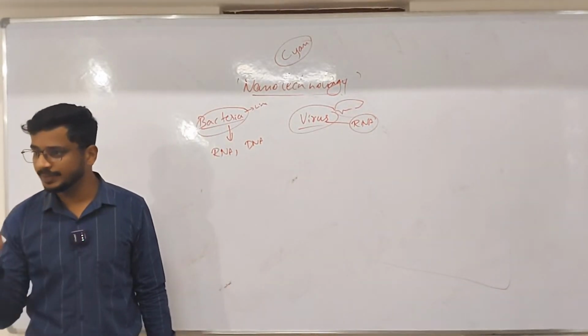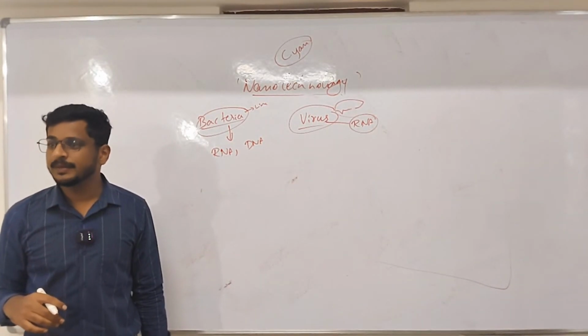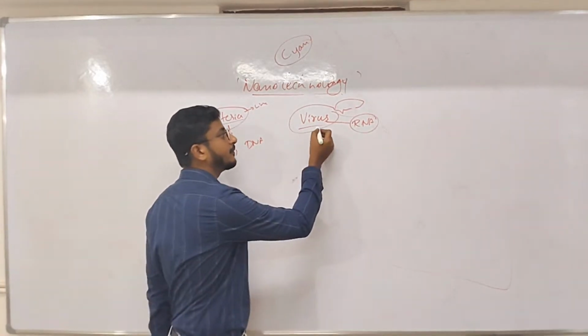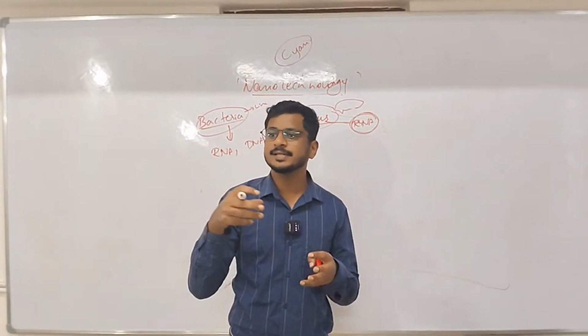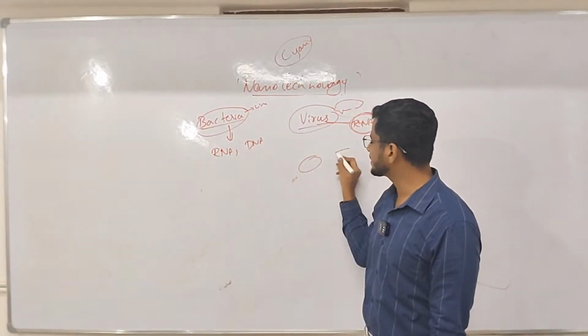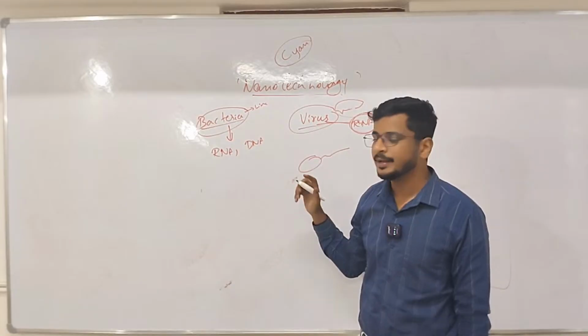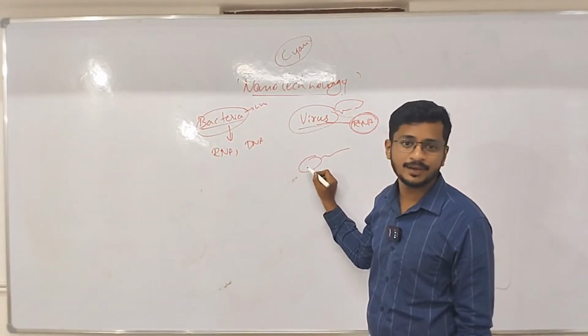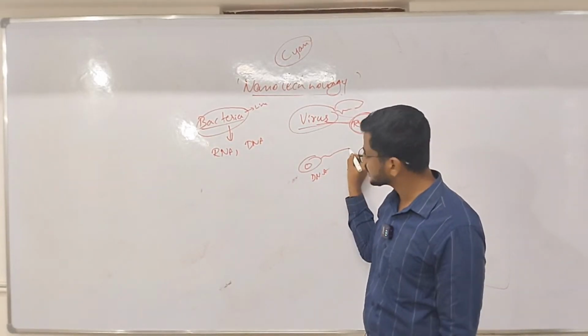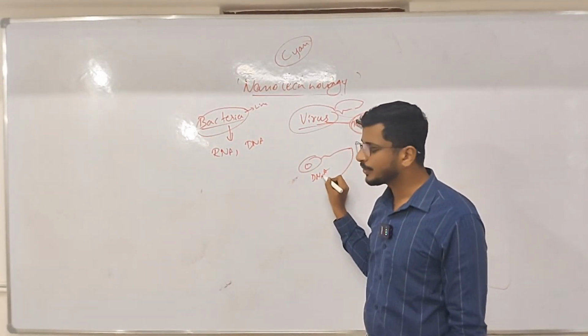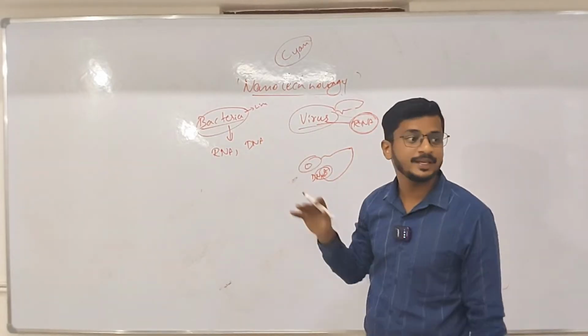Ribonucleic acid only. Okay. What happens when RNA in the form of virus enters the body? It gets attached to a cell. Now inside the cell, what will we have? Nucleus. Inside the nucleus, DNA. This external RNA will go and replace some parts of the DNA.